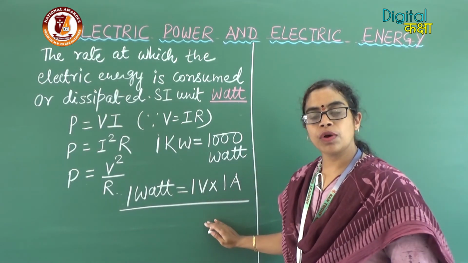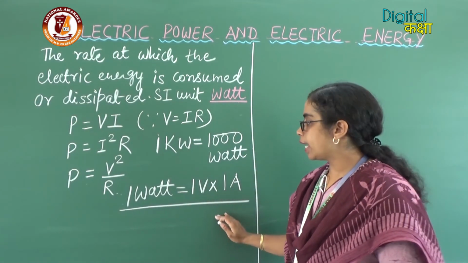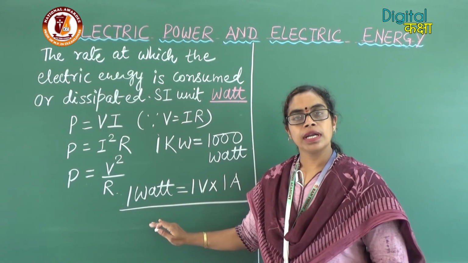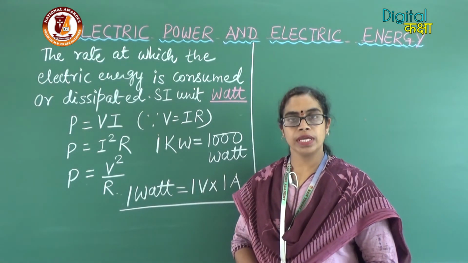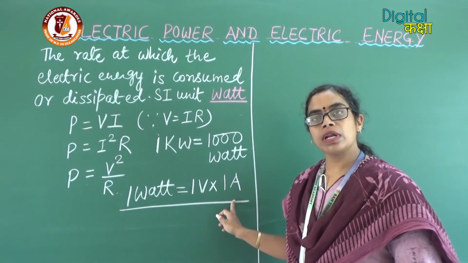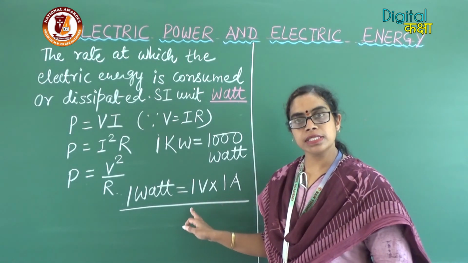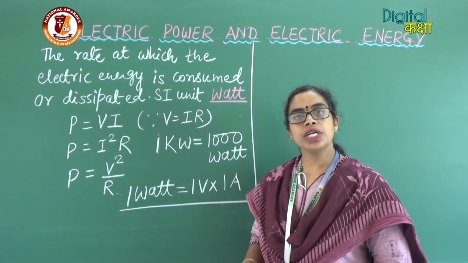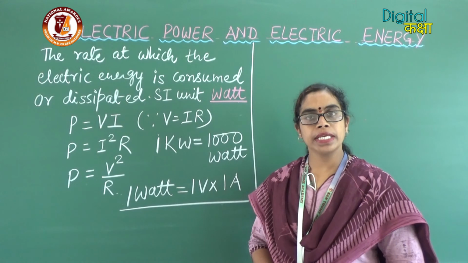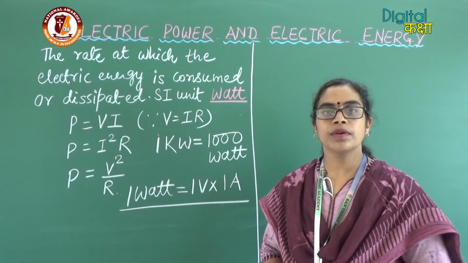With the substitution of these values, I can define 1 watt as the power which is obtained when 1 ampere of current flows through a device across which the potential difference is applied to be equal to 1 volt.